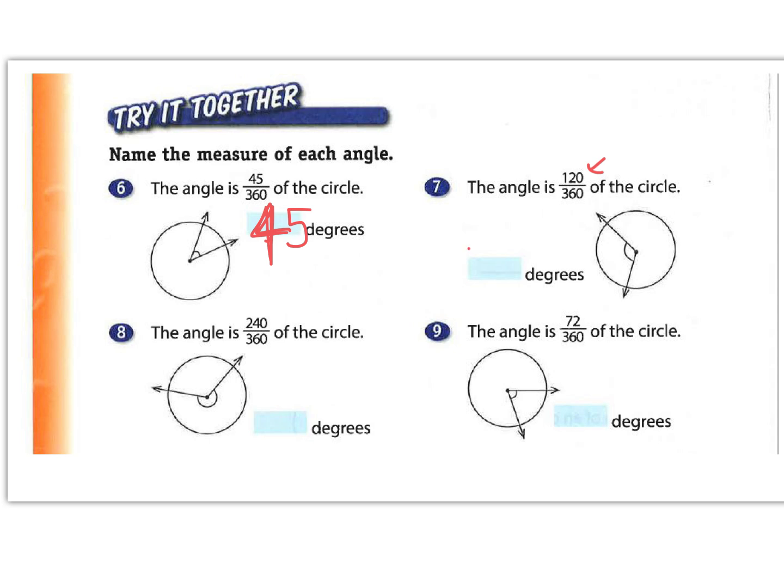So we know that that is 120 degrees. Number 8, the angle is 240 over 360. So the angle is 240 degrees. And then number 9, the angle is 72 over 360, so it is 72 degrees.